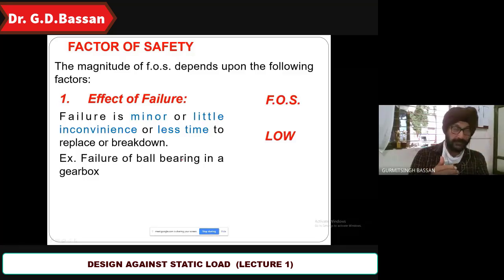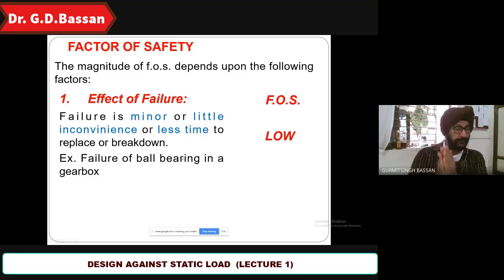In certain cases your material is more, manufacturing time is more. So that will create many issues overall, or you can say a cost effect on the material or the machine also. So that is the first case, when the failure is minor.